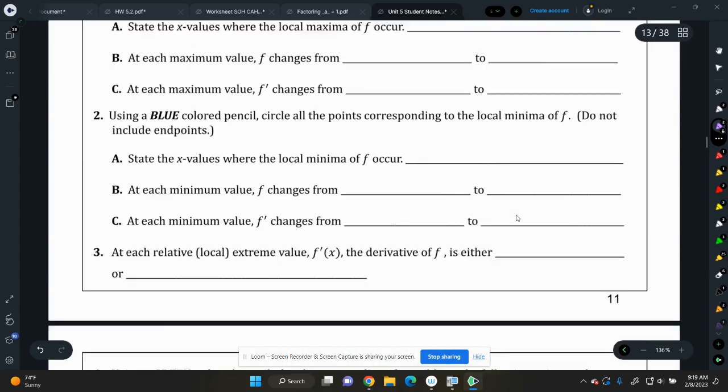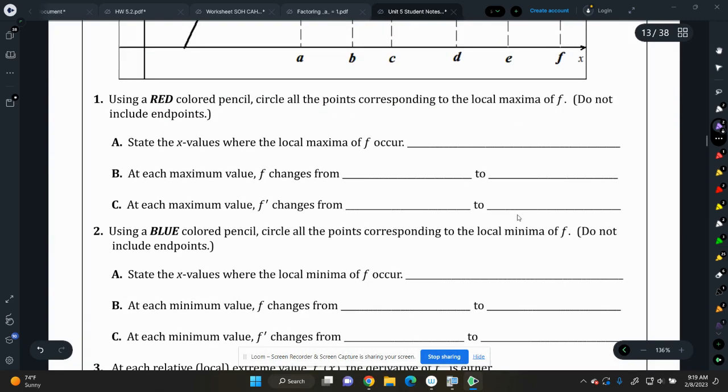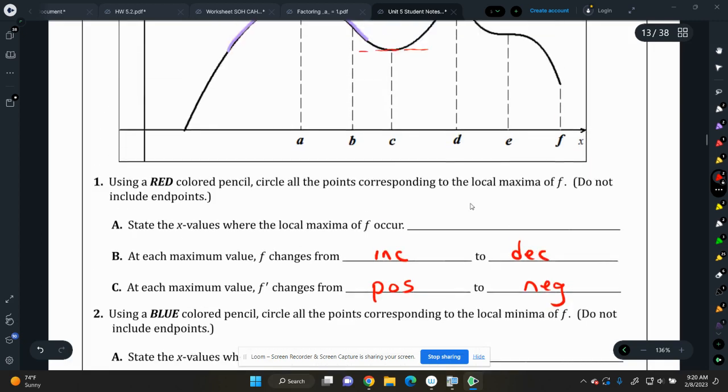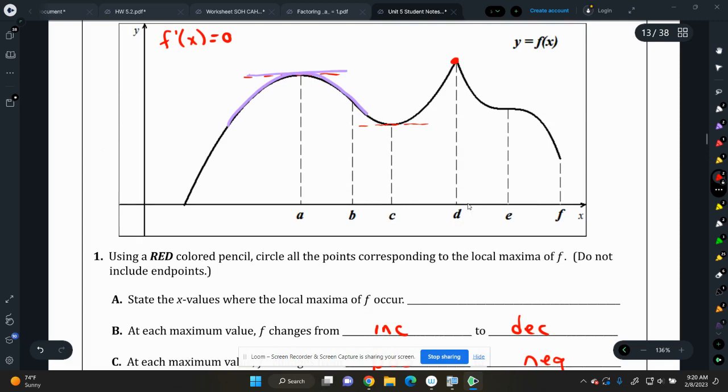Let me just go through these to make sure I'm not forgetting to tell you anything. At a maximum value, f changes from increasing to decreasing. F prime changes from positive to negative. So here was the example we just looked at.